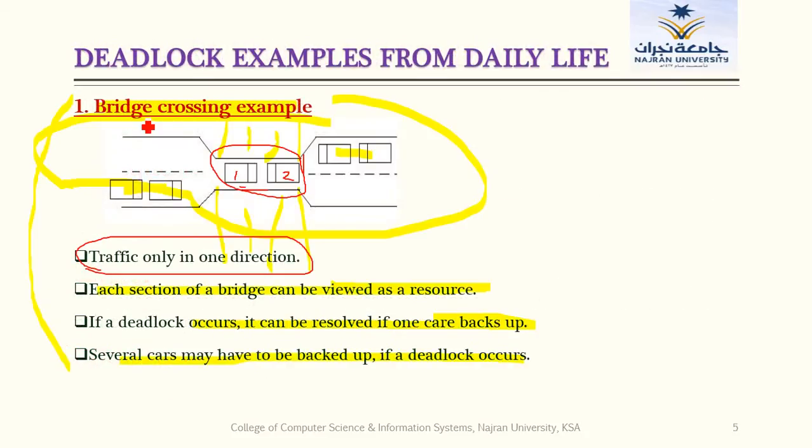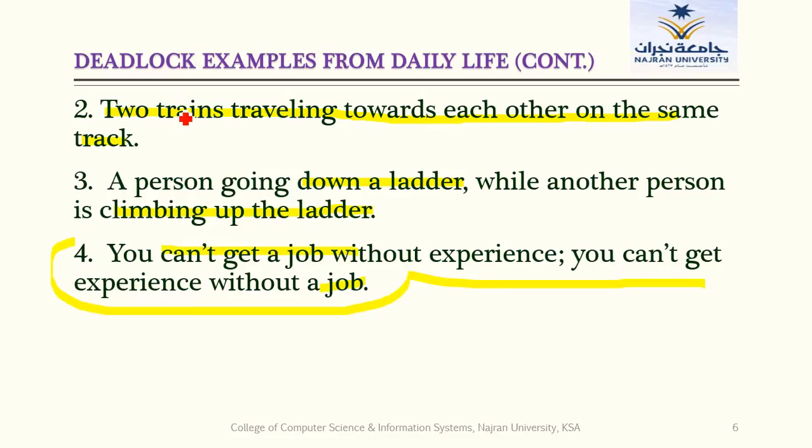We also discussed some examples from our life. The bridge crossing example shows how a deadlock situation occurs. Then we saw that if two trains are traveling towards each other on the same track, there may be a chance that deadlock will occur in the future. A person going down a ladder while another person is climbing up the ladder is also a situation of deadlock.